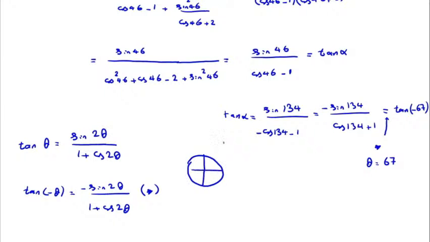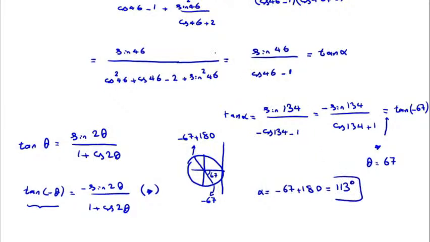Let me show it on the unit circle. This is the tangent line. So negative 67 will be something like this. If you want to find the other angle that is equal to this, you should add 180 to that angle. So negative 67 plus 180 degrees will be this angle. Alpha is between 0 and 180, so the only possible case is this. 180 minus 67 is 113. So the angle is 113 degrees.